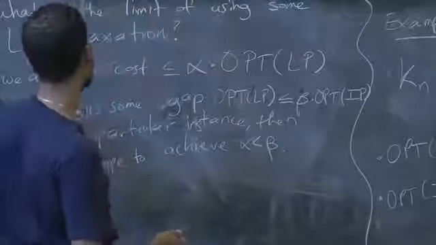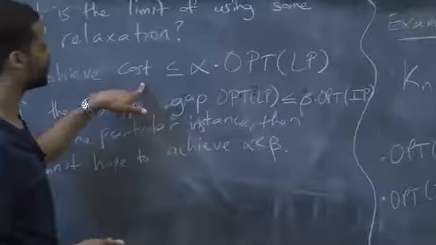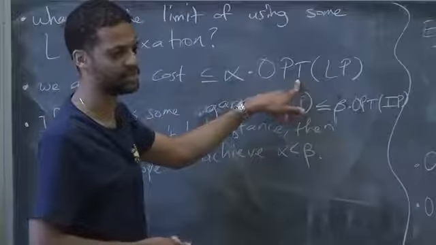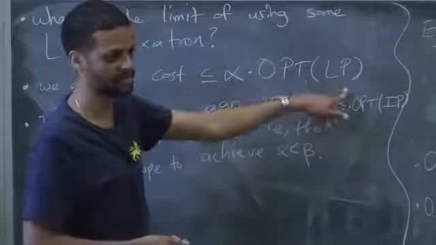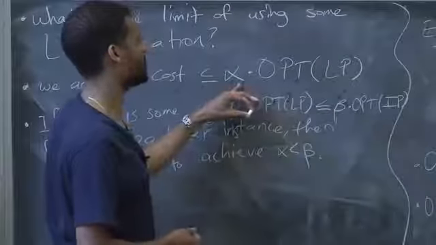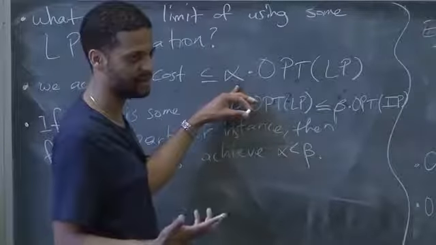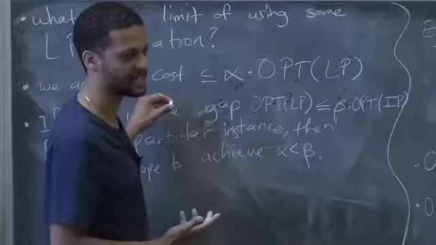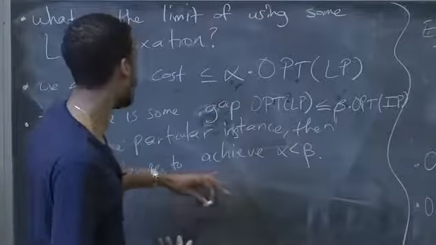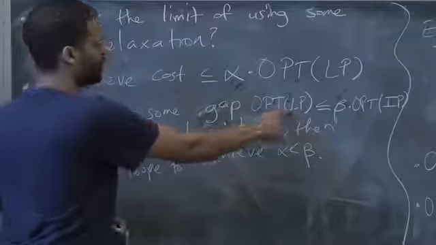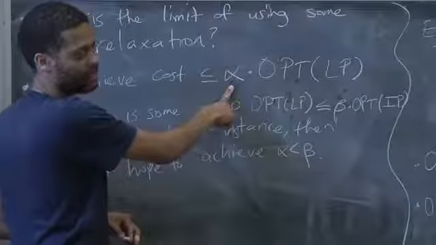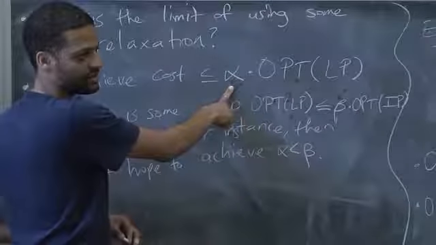Like if the way that we're analyzing our algorithm is to say, look, our algorithm never achieves cost more than alpha times opt of the linear program, well, you're not going to be able to achieve an alpha here that's better than beta, because the solution you're providing is an integral one, right? So in particular, the example which creates this gap, you're going to be off by at least beta, right? So that's what I mean.